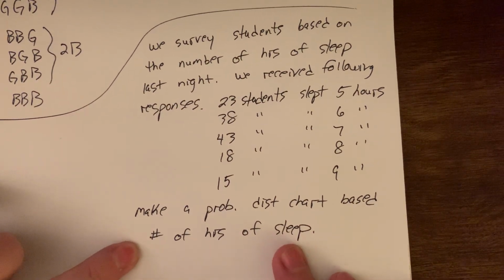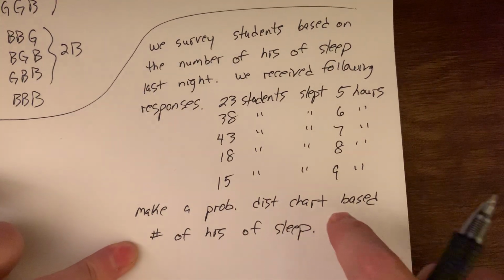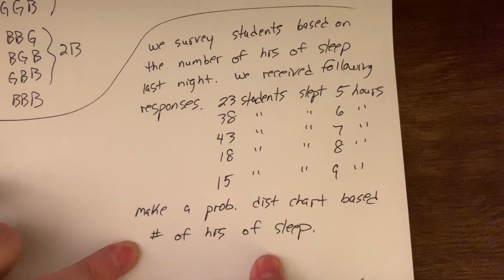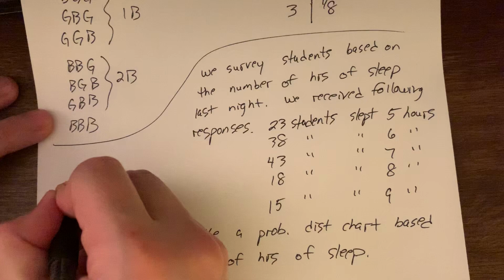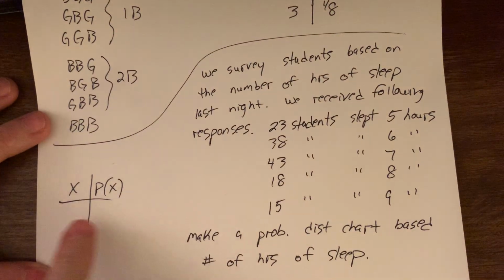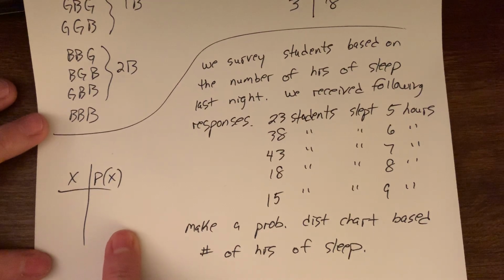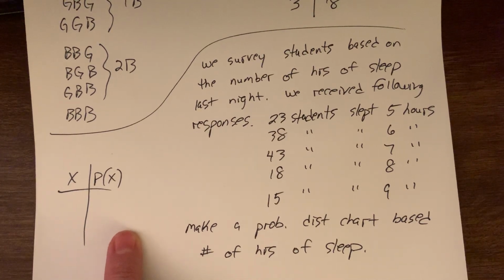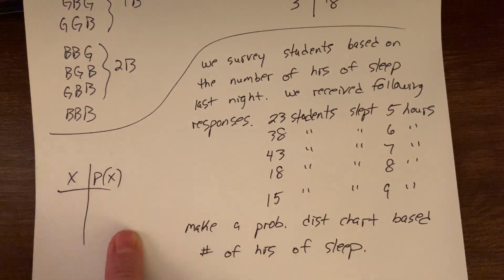This is very important to establish. Based on the number of hours of sleep. It's such a common mistake that when people see a problem like this, they start getting their X and their P of X and they goof it up. They just have a lot of information and they just plug in wherever they can and they don't really think about what they're trying to establish.